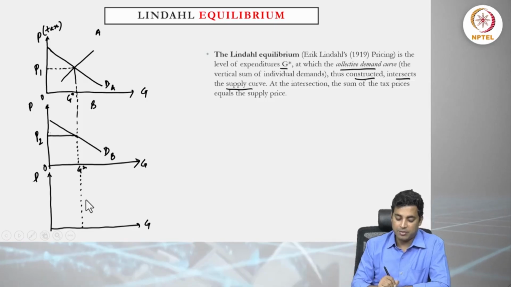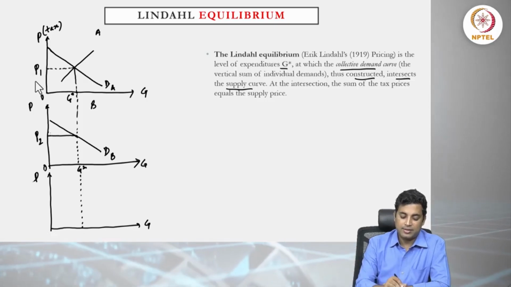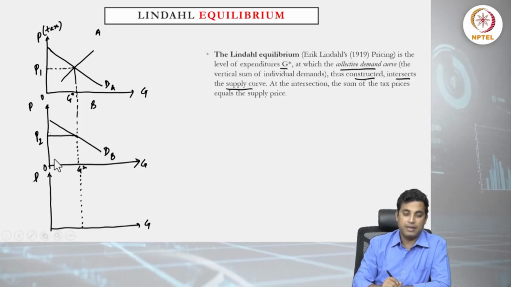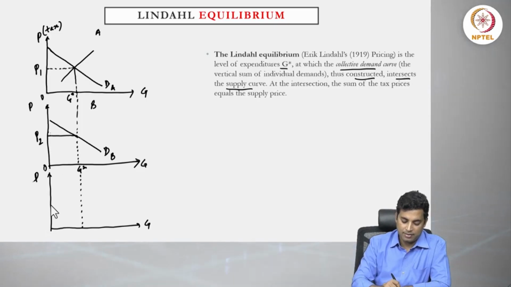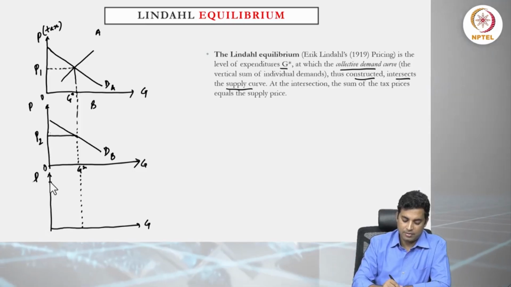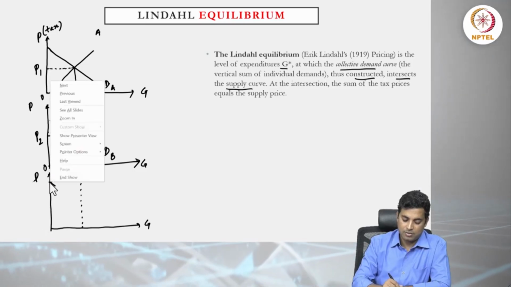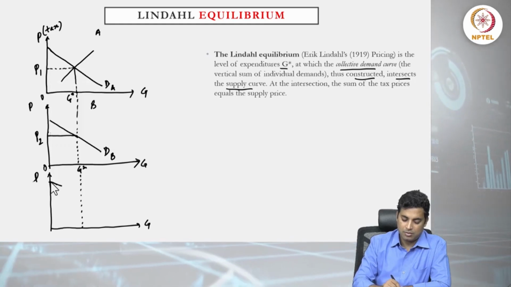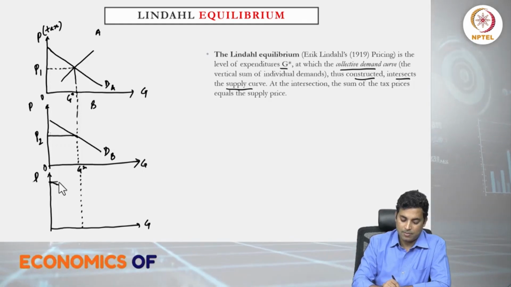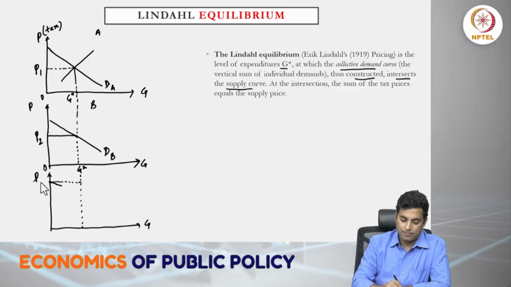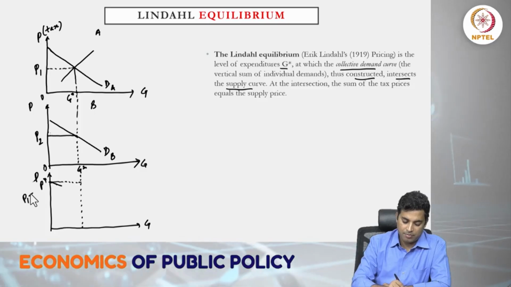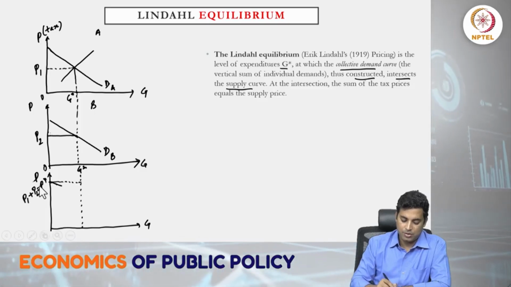So the Lindahl equilibrium says it is a vertical summation of the prices, OP1 and OP2. This will get summed up, and here we set P star, which is P1 plus P2.